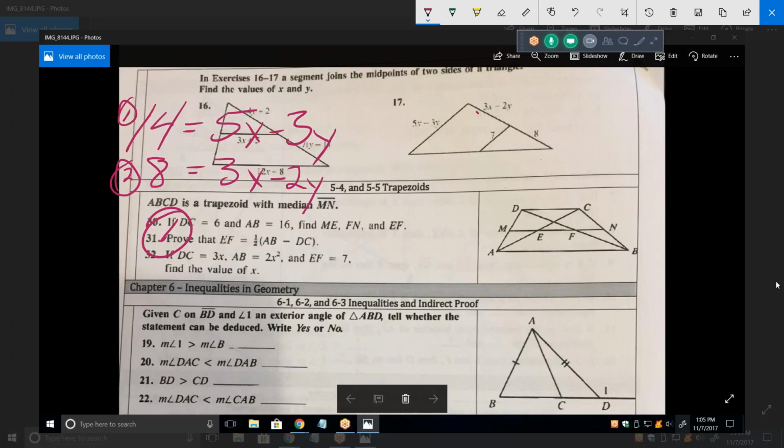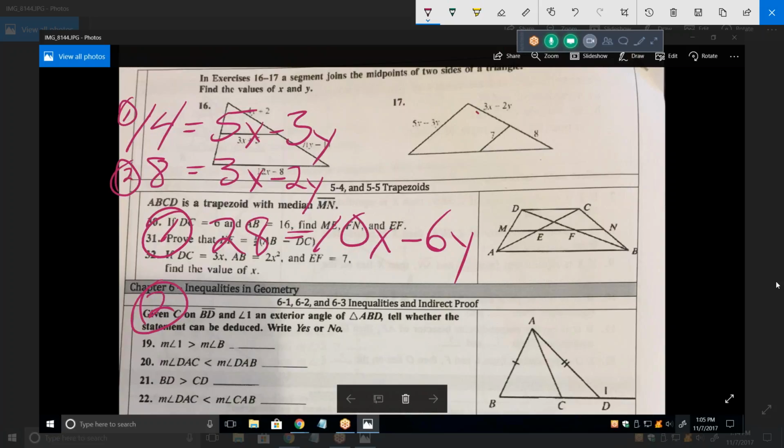Okay, so that gives us 28 equals 10x minus 6y. Now, for equation number 2, what's the best thing to multiply it by? 3. If I multiply it by 3, then I'm going to have minus 6y, and I'm going to have to do a subtraction problem involving all kinds of negative numbers.